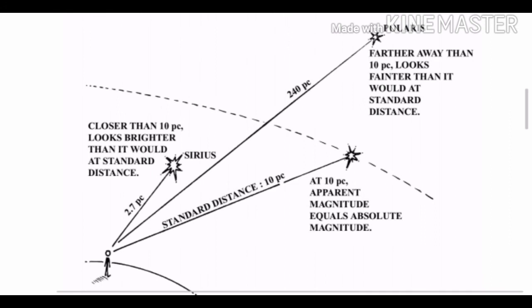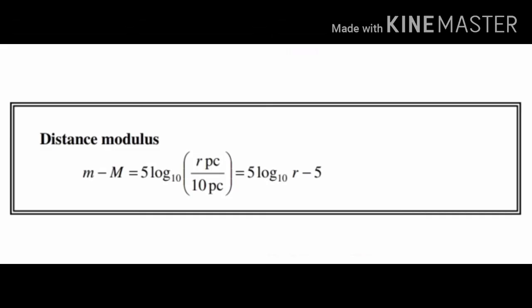We also have a relation between apparent magnitude, absolute magnitude and the distance of that celestial object from us. This relation is called the distance modulus, which says small m minus capital M, that is apparent magnitude minus the absolute magnitude, is 5 times log 10 of the distance of that object from us in parsecs by 10 parsecs, which can also be expressed as 5 log 10 of the distance in parsecs, minus 5.